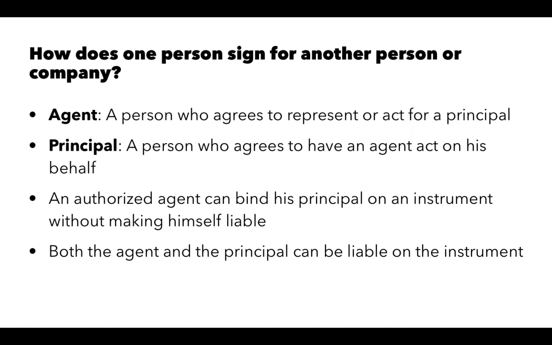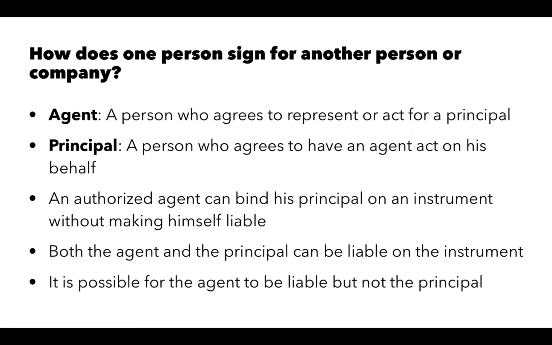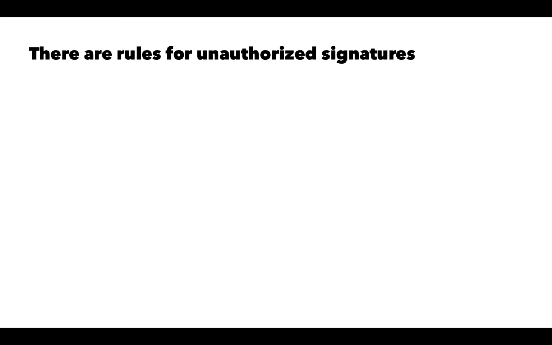It is even possible for the agent to be liable but not the principal if an agent signs without the authority to do so. If the agent did not have authority to sign a document on behalf of the principal, then the agent will be liable but not the principal, however their relationship is characterized.